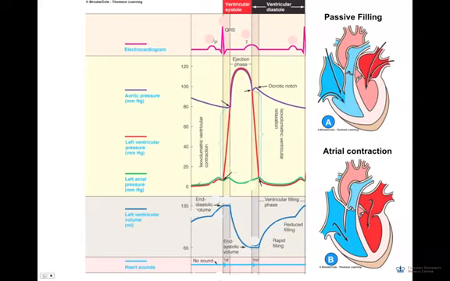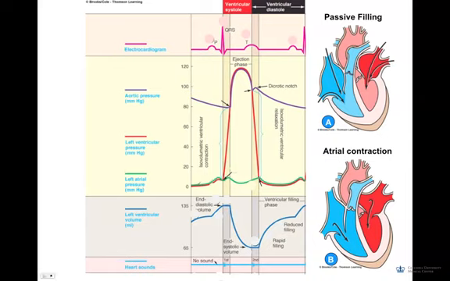And the atrial contraction that happens at the onset of the P wave is only contributing a small fraction of the total filling of the heart during ventricular diastole. Sometimes this amount of blood is called the atrial kick. It's this last little kick of blood that atrial contraction contributes.